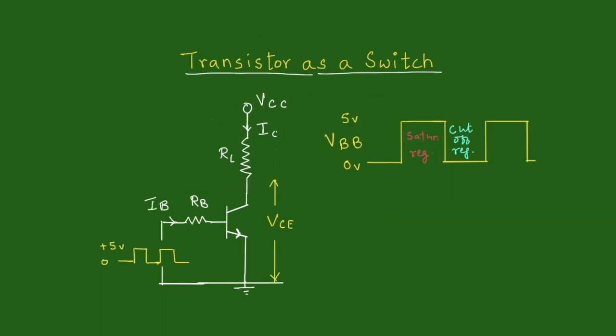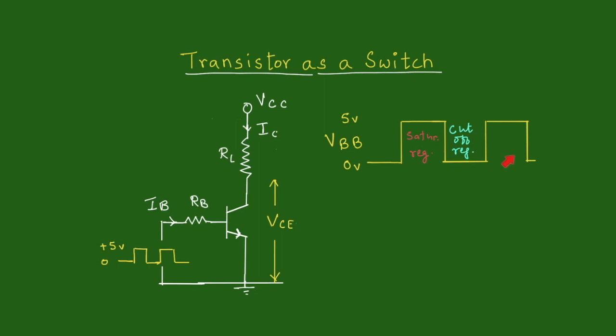We can then see that when VBB changes its value from 0 to 5 and back to 0, the operating point on the load line will shift from its cutoff region to saturation region, and again from saturation region to cutoff region and back to saturation region.